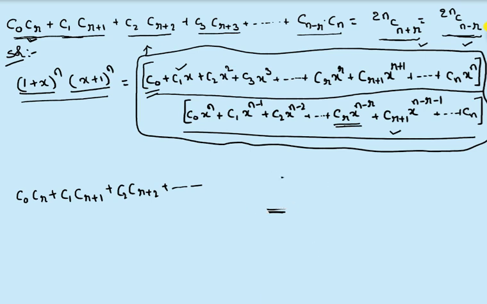Now in this multiplication, tell me what about that multiplication? That multiplication is (1 plus x) whole to the power of 2n only.